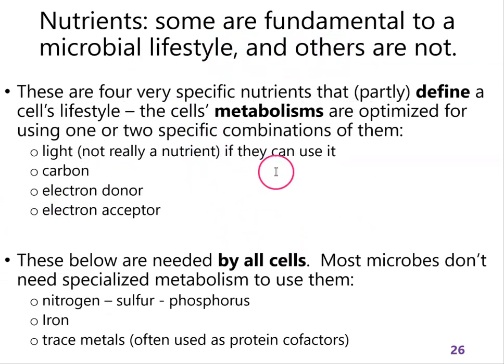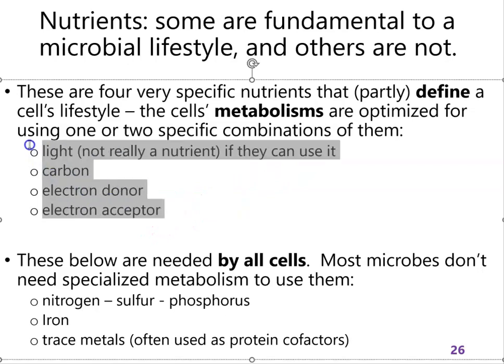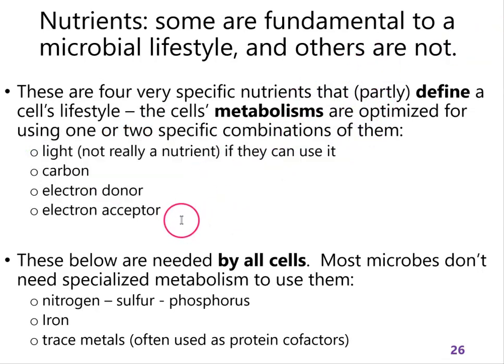Nutrients, this kind of breaks my heart a little bit because I could teach a whole class on this, and I have. It's just the coolest thing to see their adaptations for how they extract energy from their environment, how they extract carbon from their environment, how they break it all down, and what they do with it.